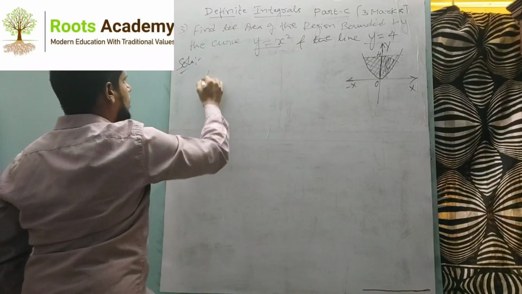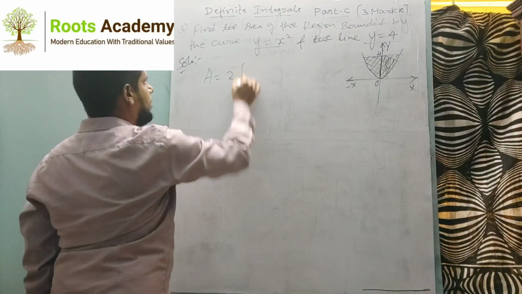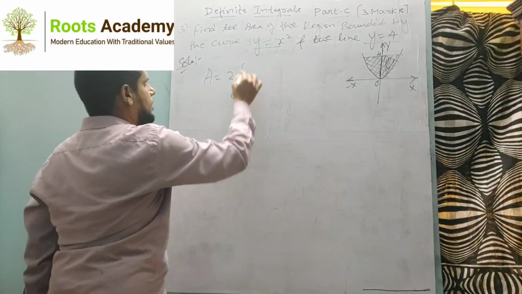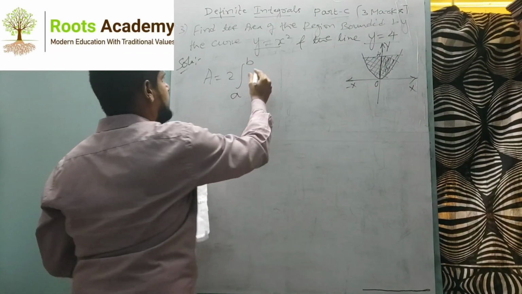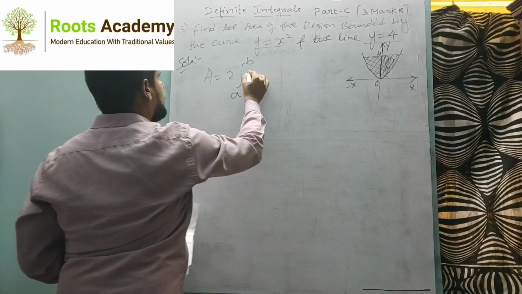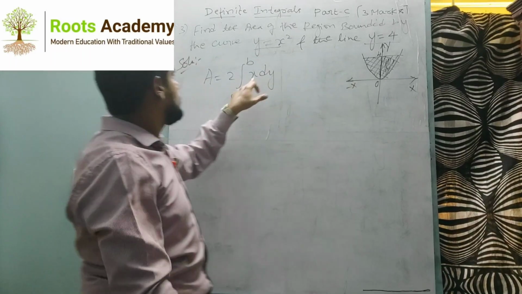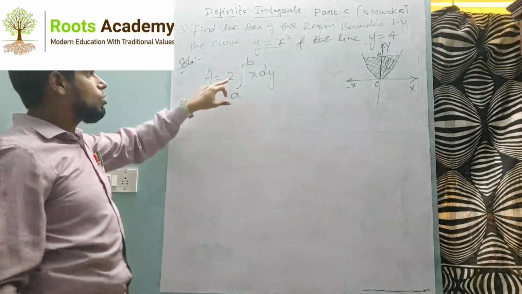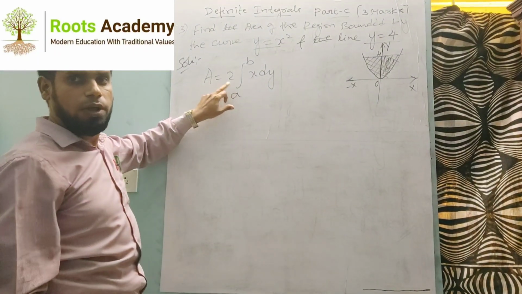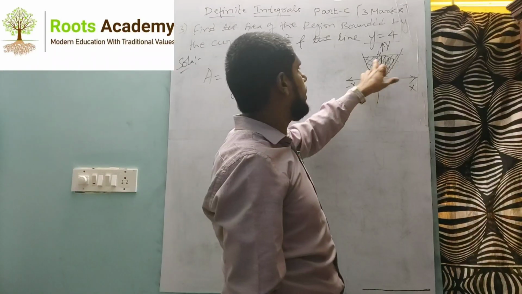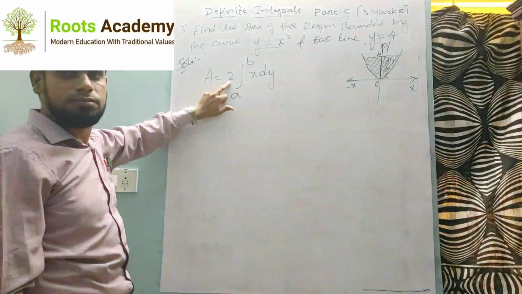So in the formula, I will write A equals 2 times integral A to B y dx. Sorry, it is x dy, y axis. X dy. Students, don't get confused. In the previous two problems I didn't mention anything here, but here I mentioned 2 because there are two equal regions.